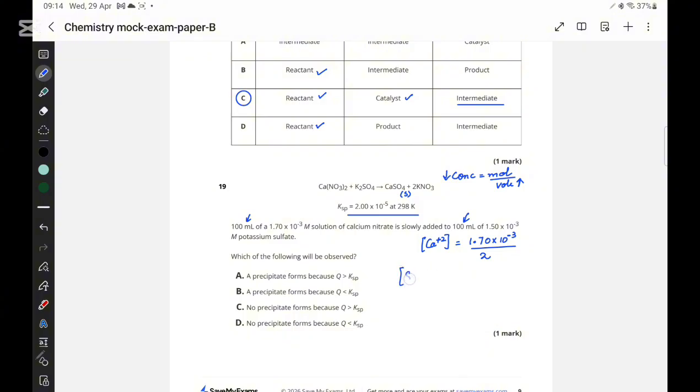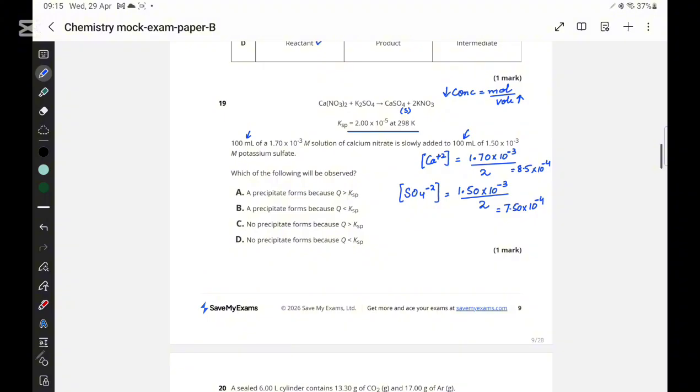And for sulfate ions, its concentration also becomes half, and that is coming from potassium sulfate, minus 3 divided by 2. This comes out to be 8.5 times 10 to the power minus 4, and this comes out to be 7.50 times 10 to the power minus 4.